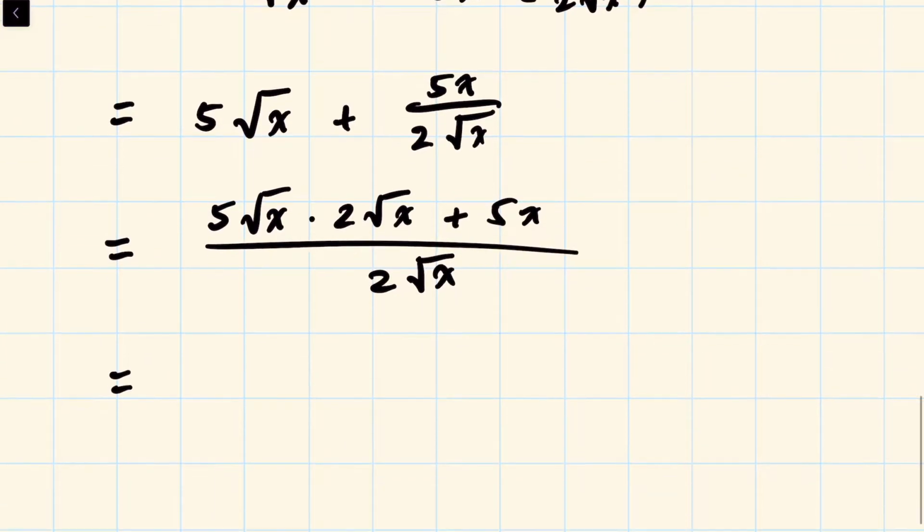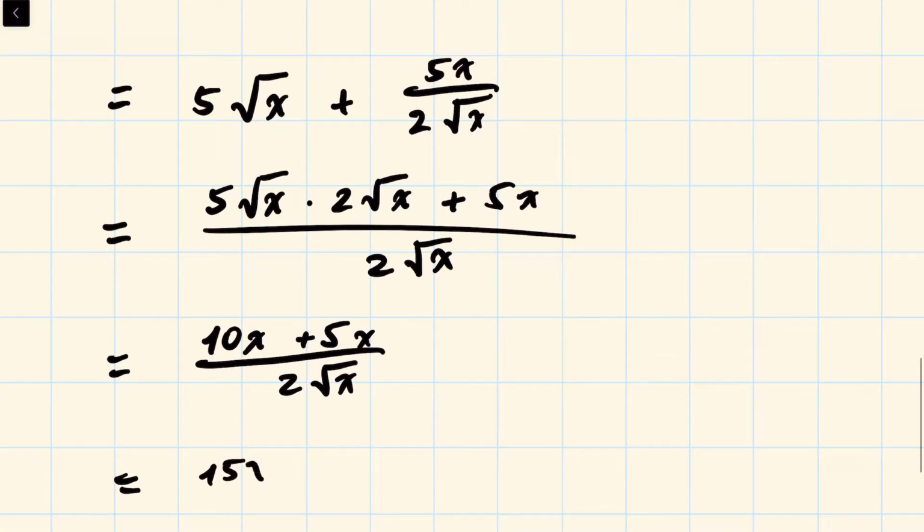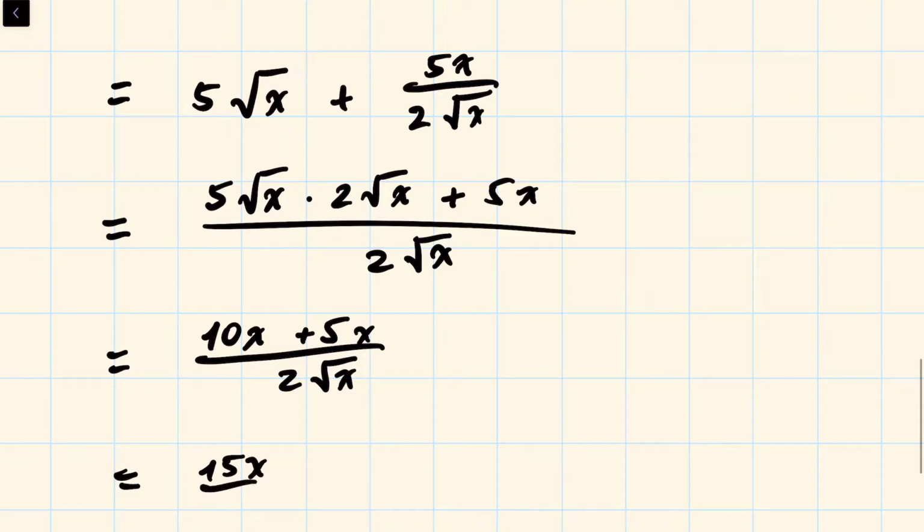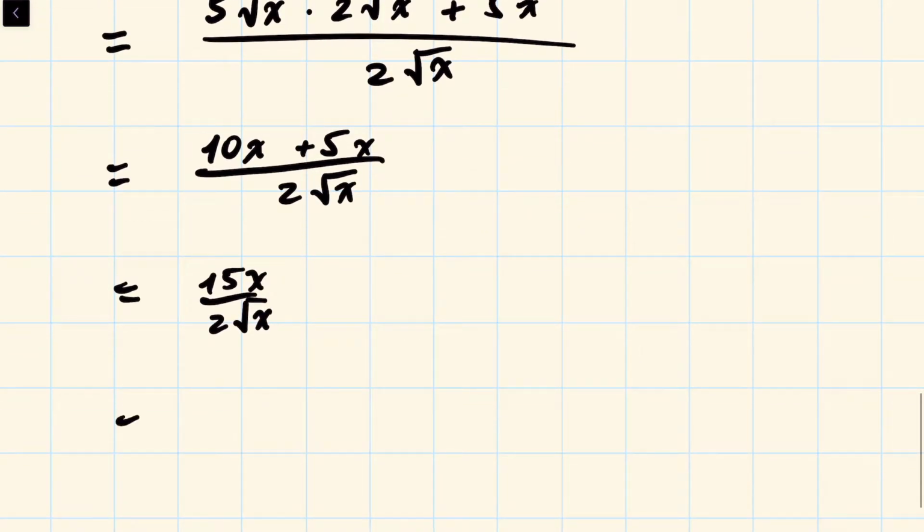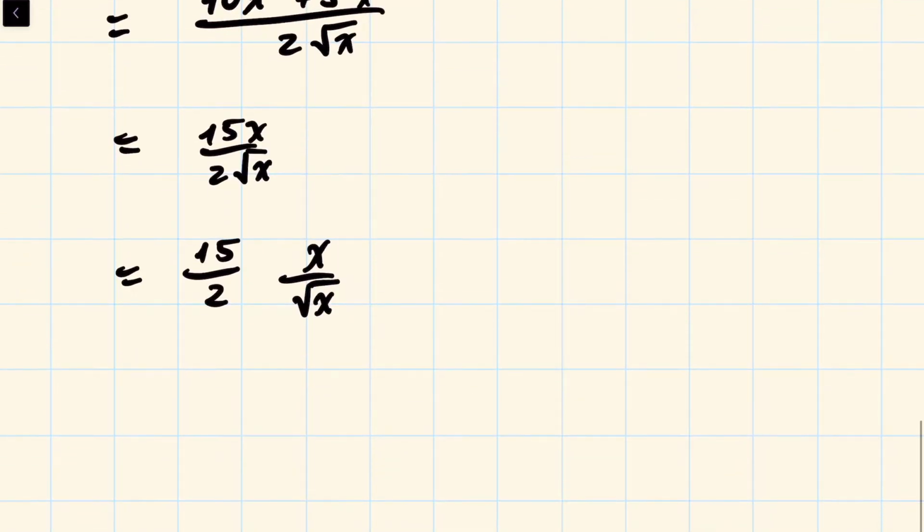So 5 root x multiplied by 2 root x is 10x plus 5x all over 2 root x. That's 15x over 2 root x. This is 15 over 2 x over root x. X over root x is just root x, so that's 15 over 2 root x. Okay.